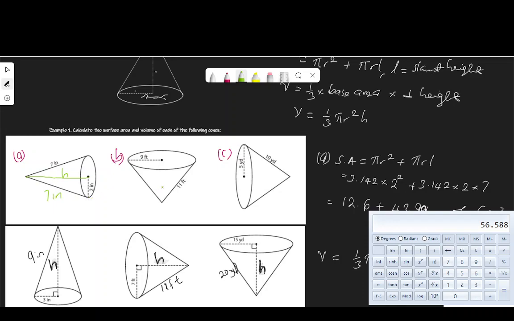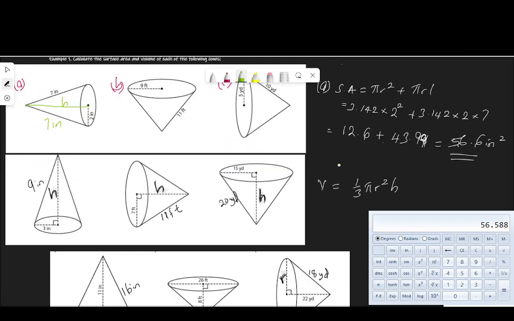So if we apply Pythagoras there, we have h squared is equal to 7 squared minus 2 squared, which is 49 minus 4, and that is 45. Therefore, h will be square root of 45, and square root of 45 is 6.7 approximately. 6.7 is the height of that cone.